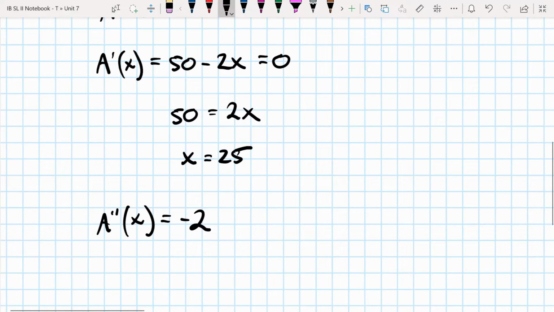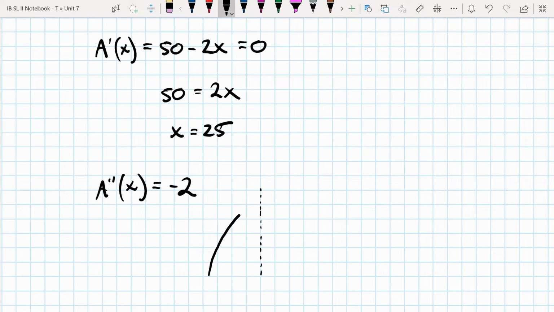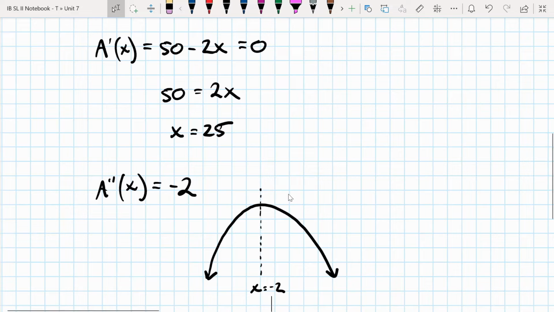That tells us that the second derivative at this x value is negative, which means that the function is concave down, which indicates that the shape is going to look something like this. Because it's concave down, there's a maximum here. So x equals 25 maximizes the area of the function. And we can prove that using the sign of the second derivative.